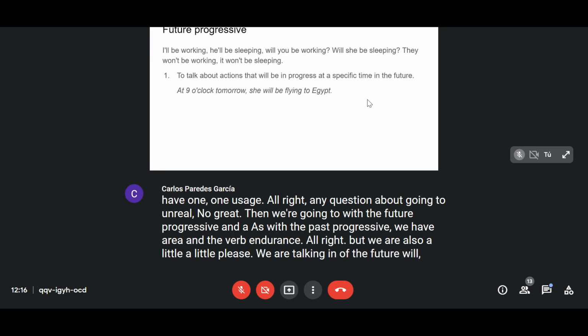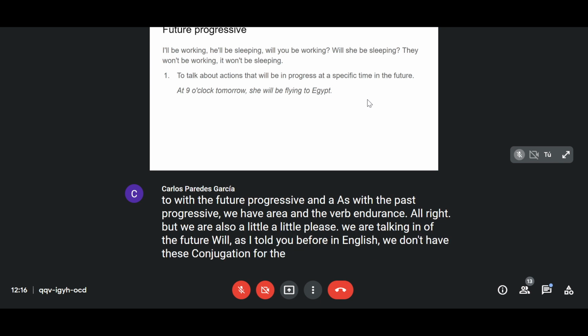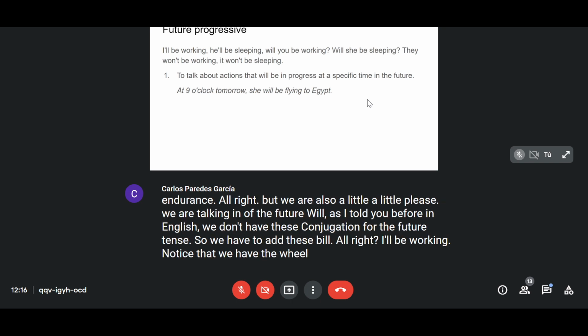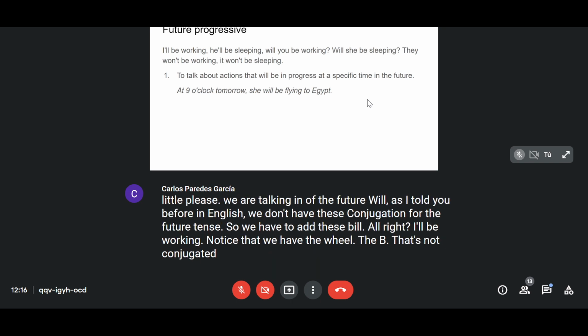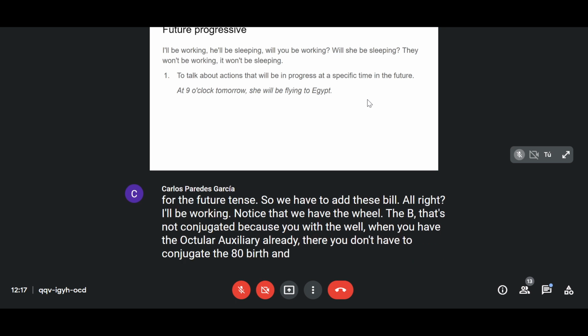As I told you before, in English, we don't have a conjugation for the future tense. So we have to add this will. All right. I'll be working. Notice that we have the will, the be that's not conjugated, because when you have the auxiliary already there, you don't have to conjugate the verb, and you have working in the gerund.